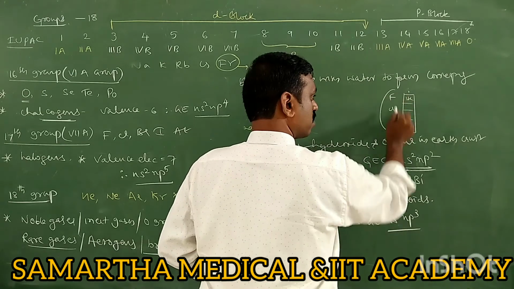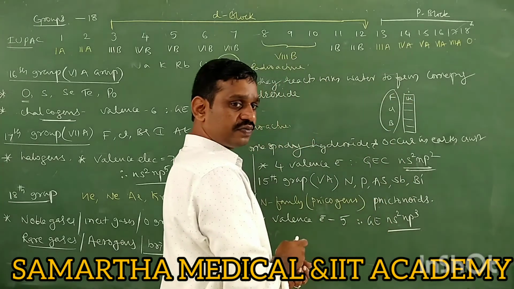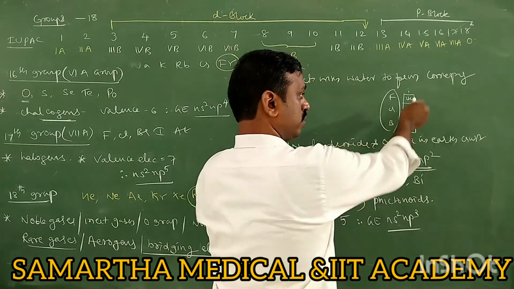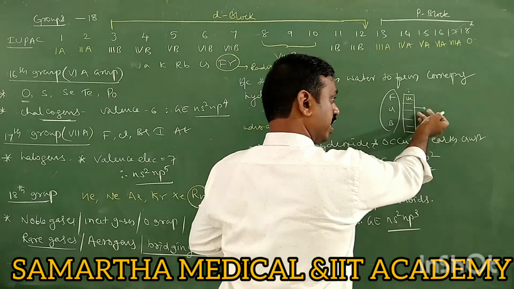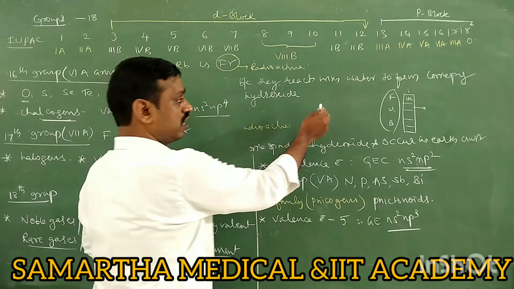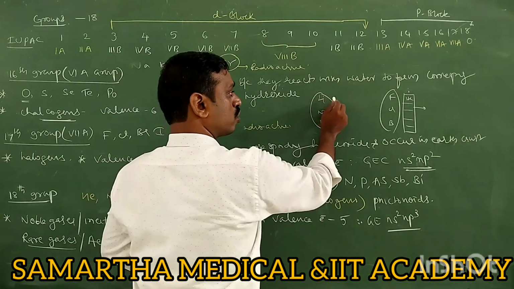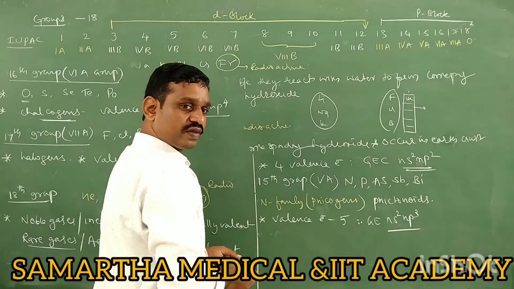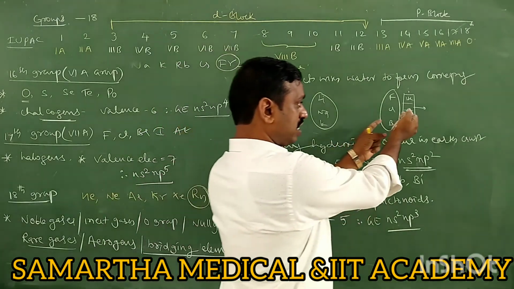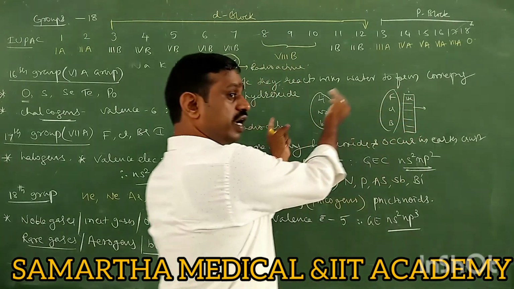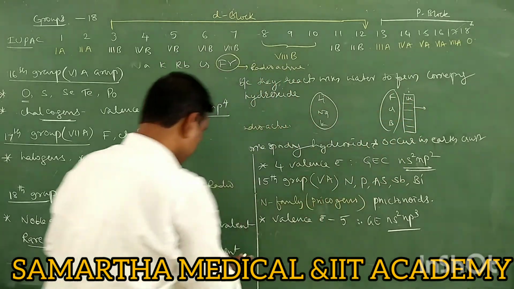We know that halogens are the most electronegative elements. Then after the noble gas, periodicity starts again with lithium, sodium, potassium, which are more electropositive elements. So noble gases form a bridge between the most electronegative and the most electropositive elements. Hence they are called bridging elements.